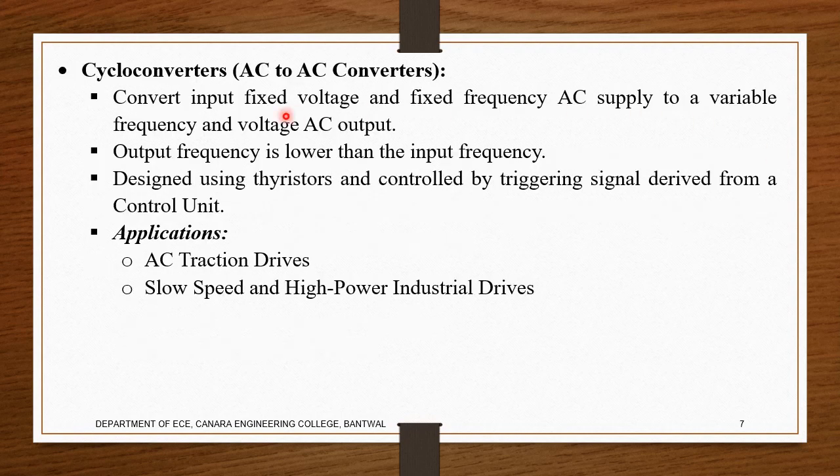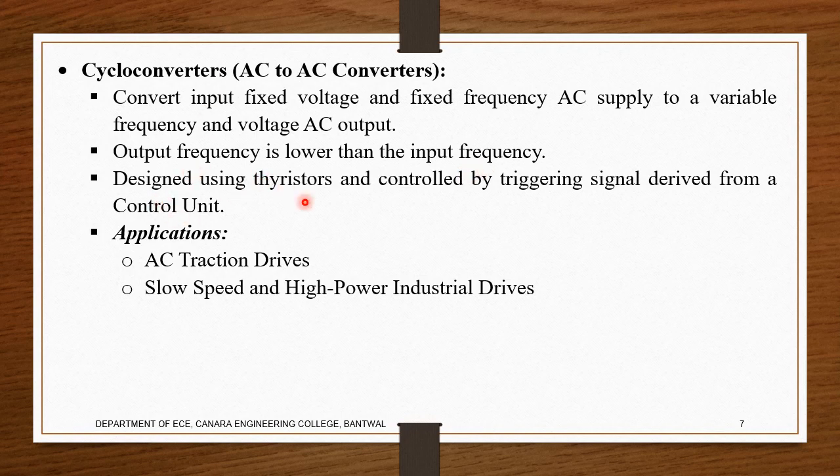Next one is the cycloconverters, where it has to be done with AC to AC converters. It converts an input fixed voltage and fixed frequency AC supply to a variable frequency and variable AC voltage. The output frequency is usually lower when compared to the input frequency.